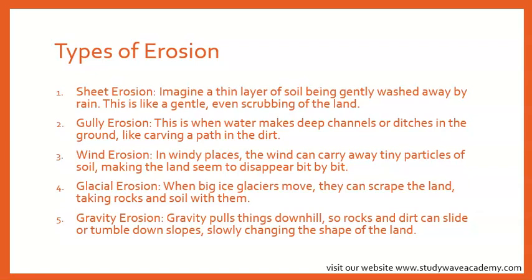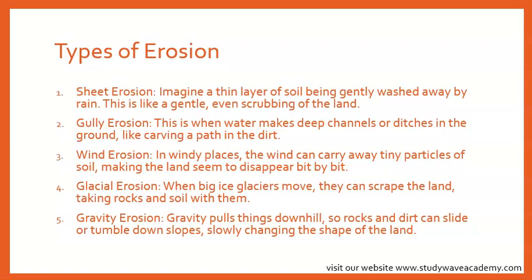Gravity pulls things downhill, so rocks and dirt can slide or tumble down slopes, slowly changing the shape of the land. It's like nature's slide, where rocks and soil move downhill over time. Okay? So these are the types of erosion: sheet erosion, gully erosion, wind erosion, glacial erosion, and gravity erosion. Okay?